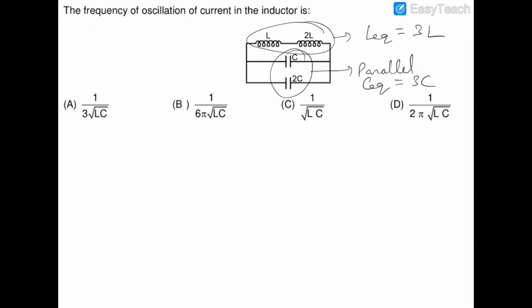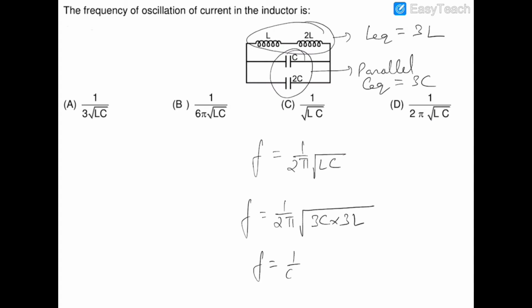So the frequency f is 1 upon 2 pi root of L equivalent into C equivalent, so f will be 1 upon 2 pi root of 3C into 3L. So f will be equal to 1 upon 6 pi root LC. So the correct option will be option number B.